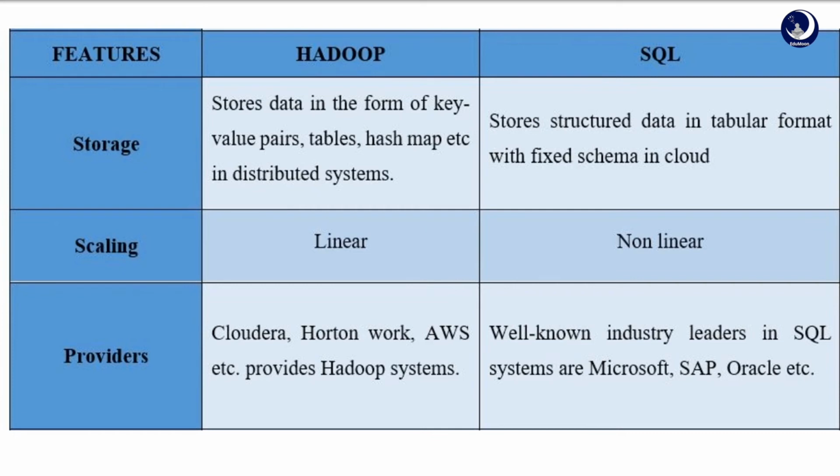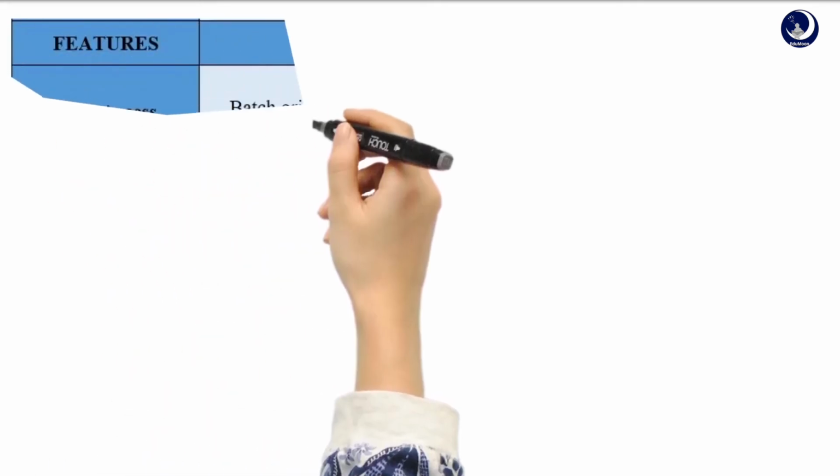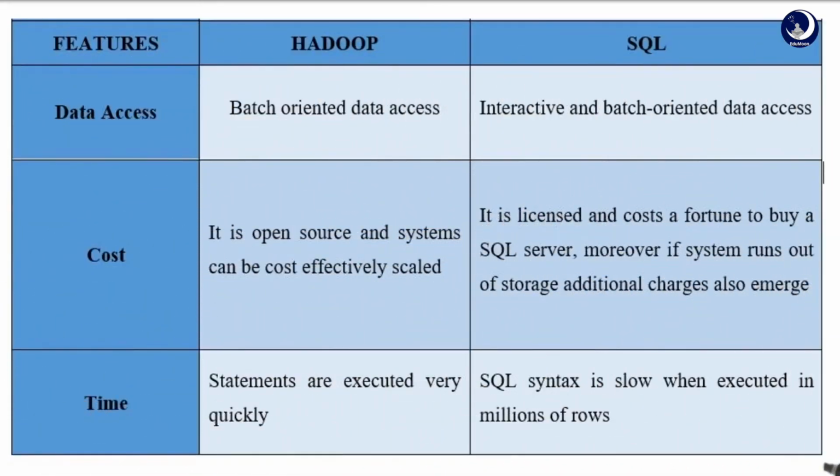The providers of Hadoop range from Cloudera, Hortonworks, AWS, etc. The well-known industry leaders in SQL systems are Microsoft, SAP, Oracle, etc. The accessibility of data is batch-oriented in Hadoop, whereas interactive and batch-oriented in SQL. Hadoop is open source and can be cost effectively scaled, whereas it costs a lot to get a licensed server in SQL.